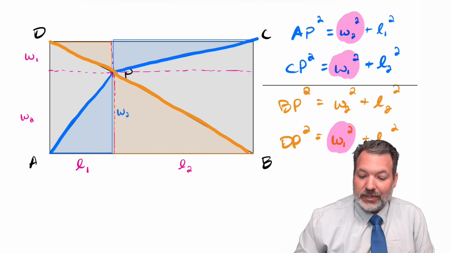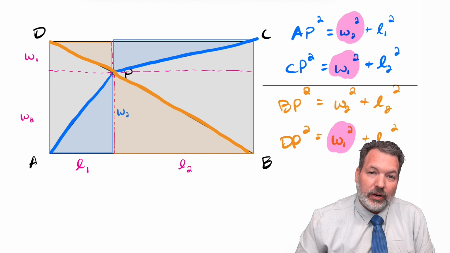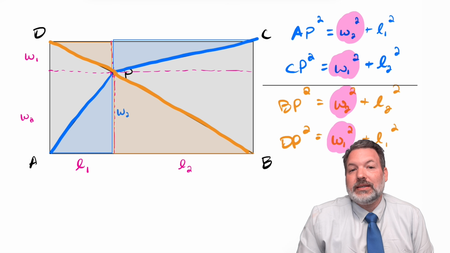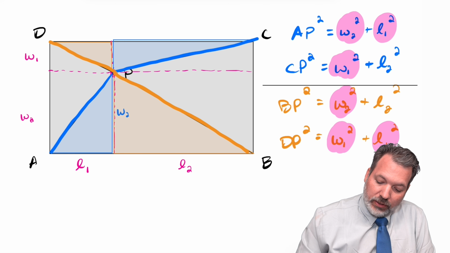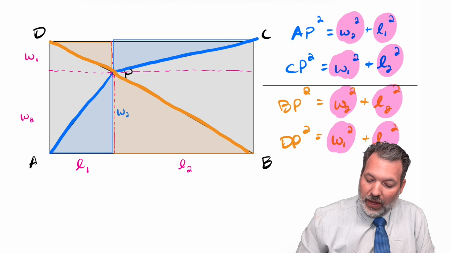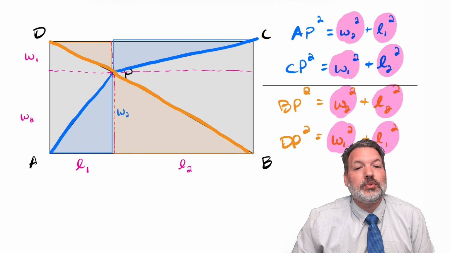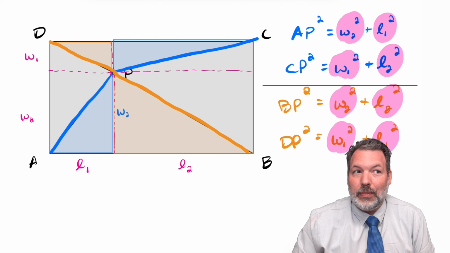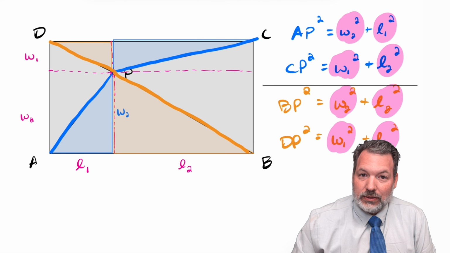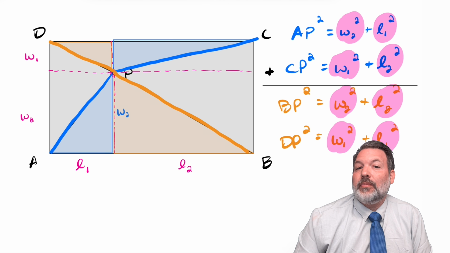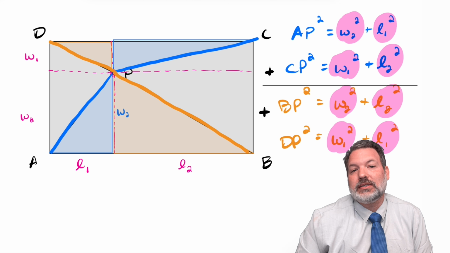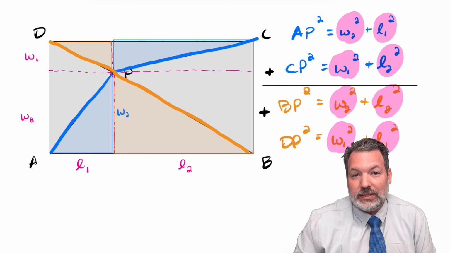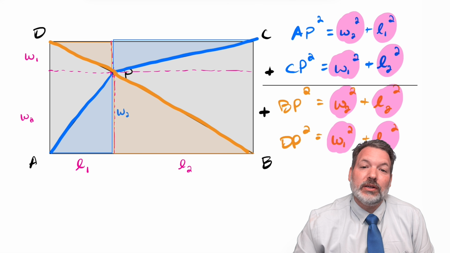W2 squared represented up here as part of AP squared, and W2 squared represented down here as part of BP squared. And so the same thing for L1 squared, and so the same thing for L2 squared. Each one of these represented exactly one time. This is an equivalence. This is telling us that the sum of AP squared plus CP squared is the same as the sum for BP squared plus DP squared. This is the British flag theorem.